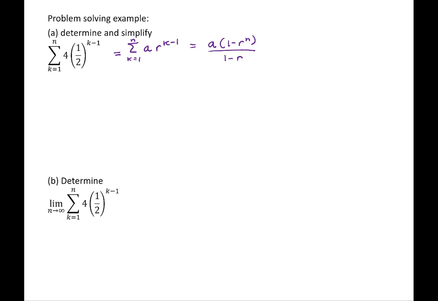So with our particular a and r values, a equals 4 and r is equal to 1/2, I'm just going to use that formula, replace the a with a 4, replace the r with 1/2.